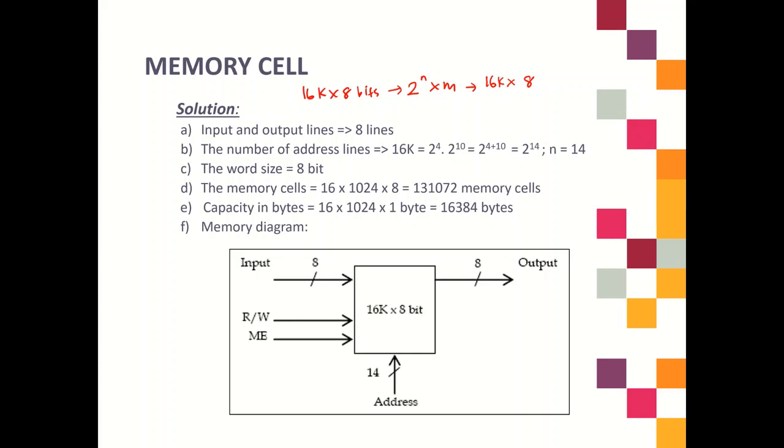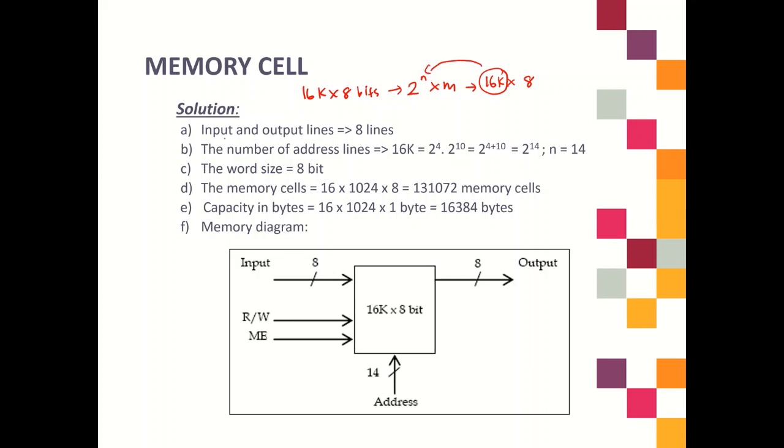So you need to find the value of 16K first, so that you can find the value of your n. I will show you next how you can get the value of n for 16K.